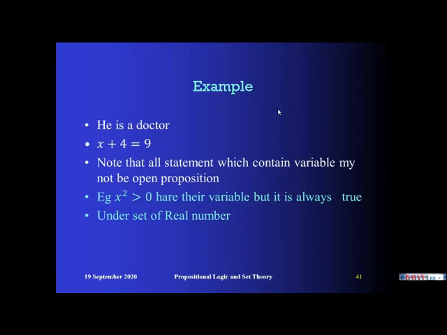Can you find the square of any number which is less than 0? We can't. Take any number from your domain, the set of real numbers, and square it. It is always greater than 0.